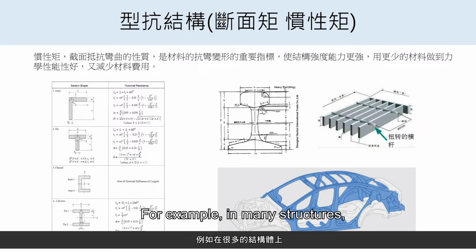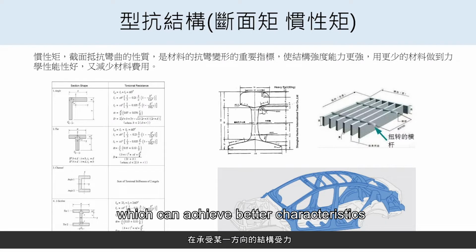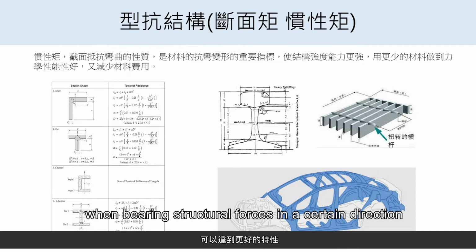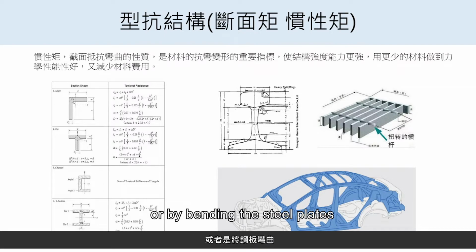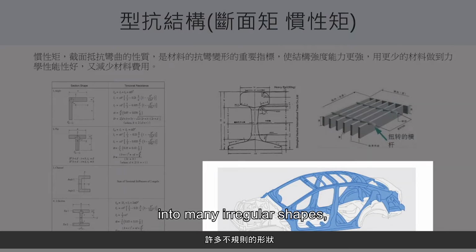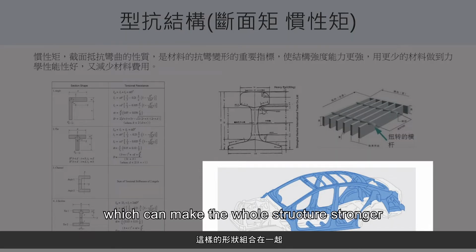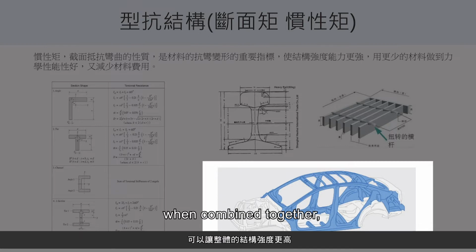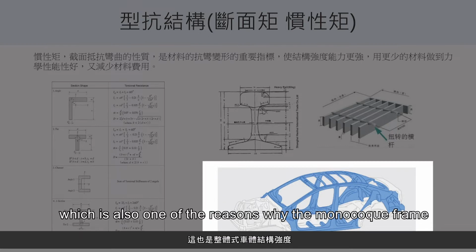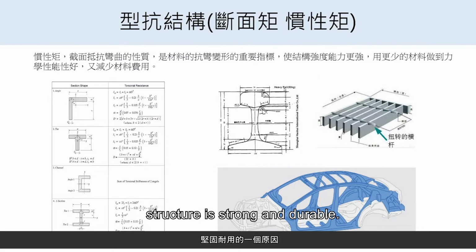For example, in many structures, we will use special rectangular or eye-shaped cross-section materials, which can achieve better characteristics when bearing structural forces in a certain direction, or bend the steel plates into many irregular shapes, which can make the whole structure stronger when combined together. This is also one of the reasons why the monocoque frame structure is strong and durable.